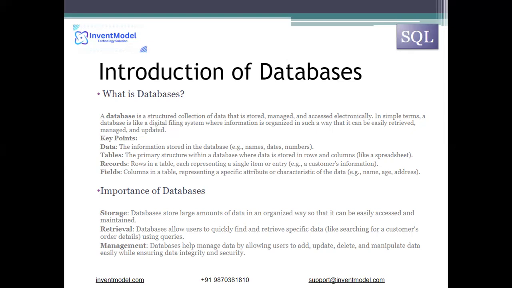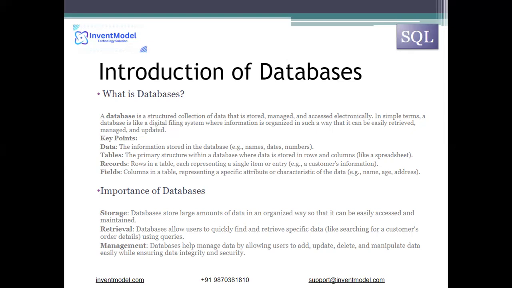Tables: the primary structure within a database where data is stored in rows and columns, like a spreadsheet. You saw an Excel spreadsheet in your school time. In this spreadsheet, you see columns and rows, and the data is arranged in columns and rows according to the relation.